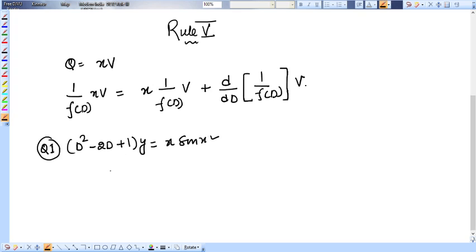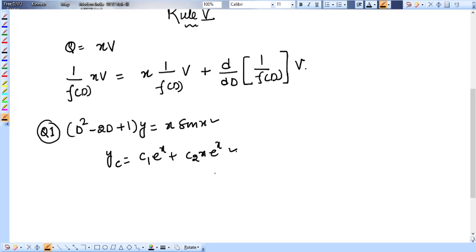So the complementary solution here would be, because it has a repeated root 1 and 1, c1 e raised to power x plus c2 x e raised to power x, right?